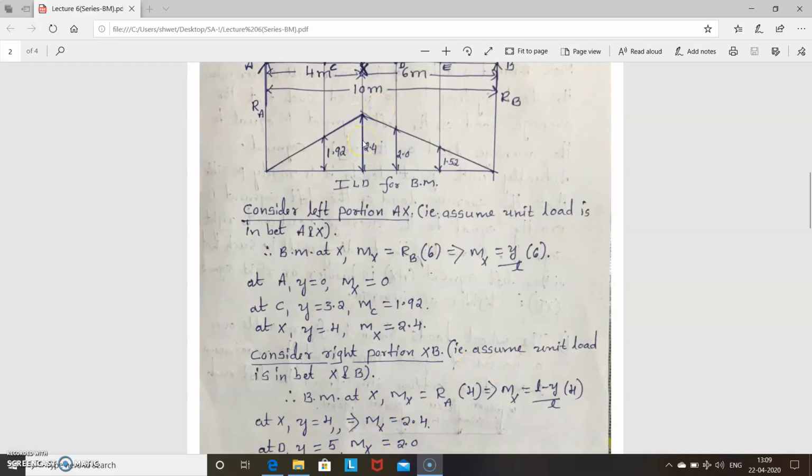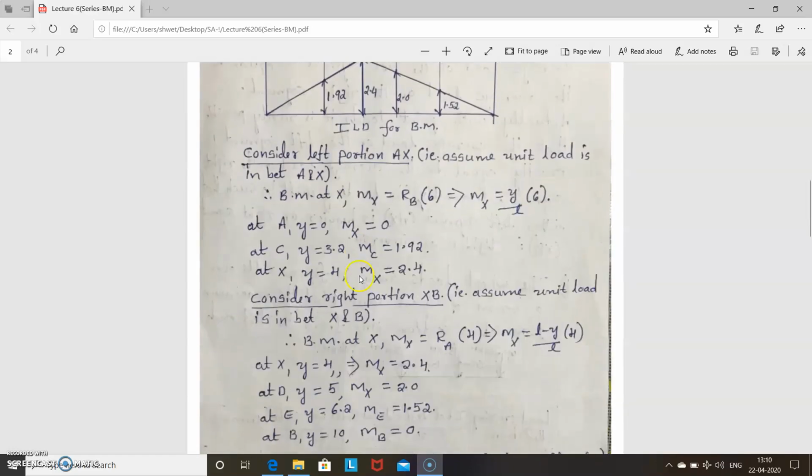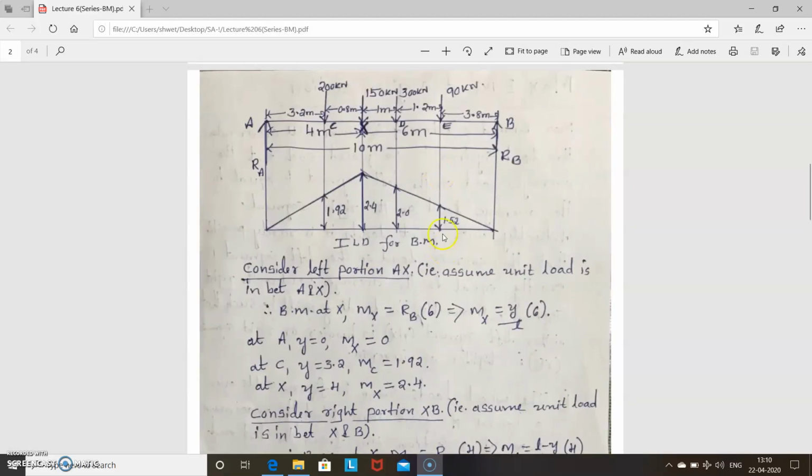I said in the previous classes also, at the section you have to get the same bending moment value when you consider from the left side or from the right side. So at X it is 2.4. Next at D it is 2. Next at E, that is 1.52. Again at B, 0. So join the points, draw the line. This is ILD for bending moment.